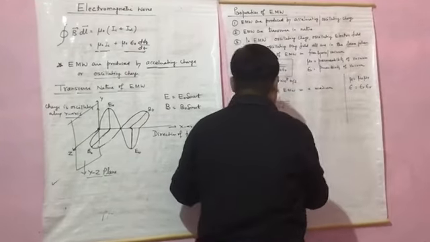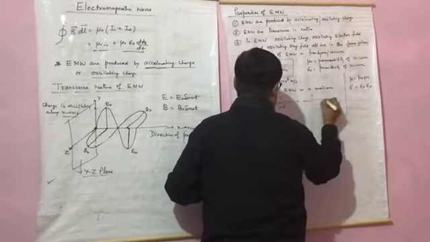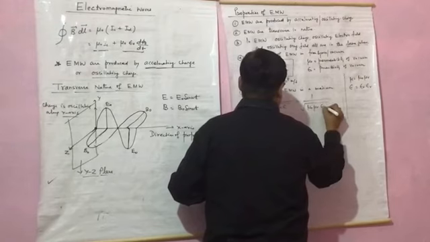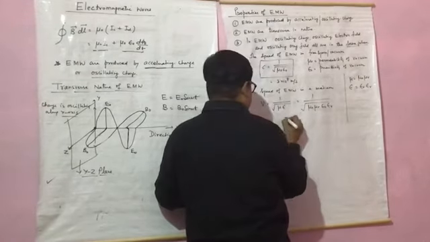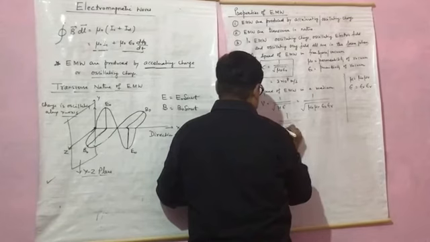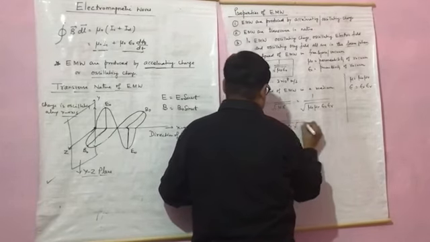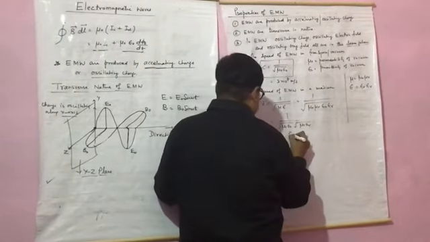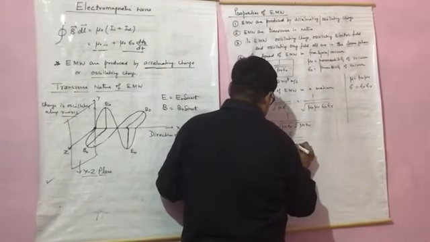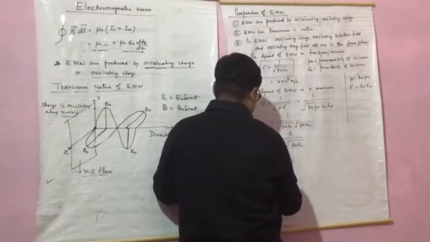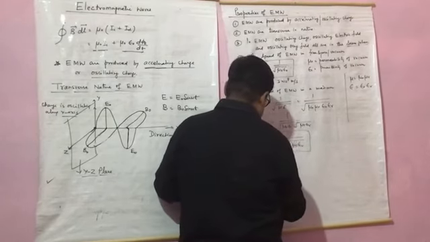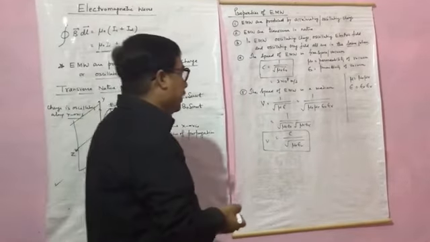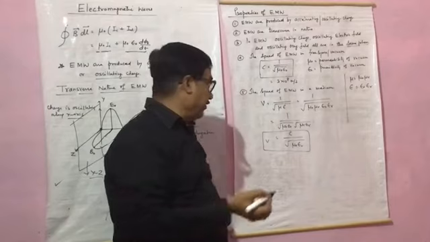Now substitute the value. This is 1 by under root mu naught mu r epsilon naught epsilon r, and we can write it as under root mu naught epsilon naught times under root mu r epsilon r, and 1 by under root mu naught epsilon naught is c. So v is c by under root mu r epsilon r, where mu r is relative permeability and epsilon r is relative permittivity.